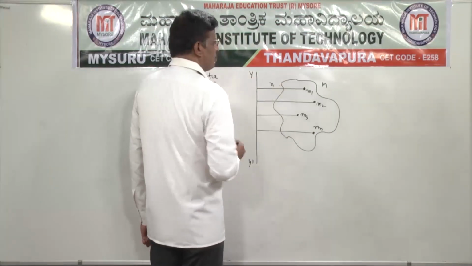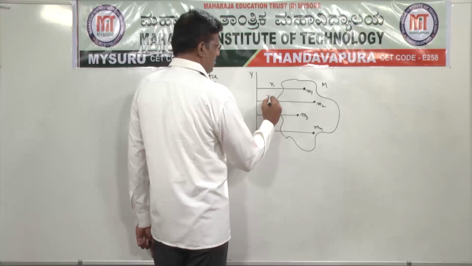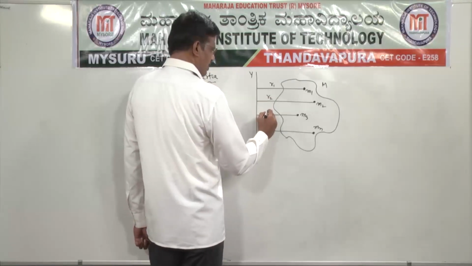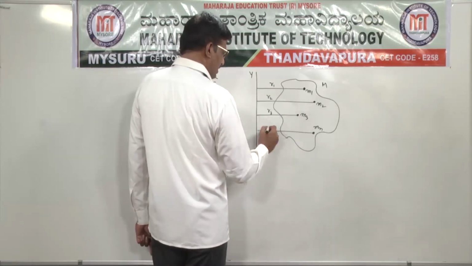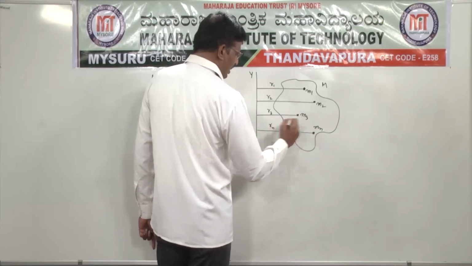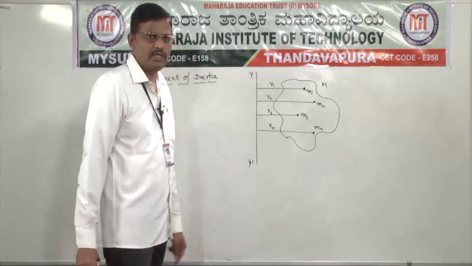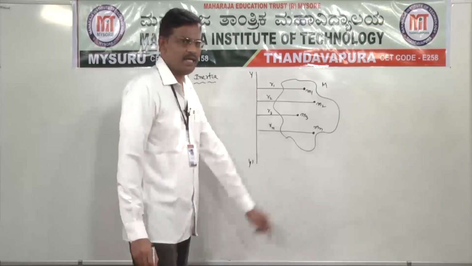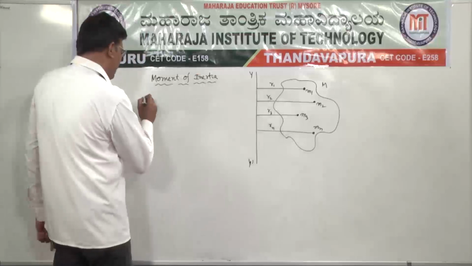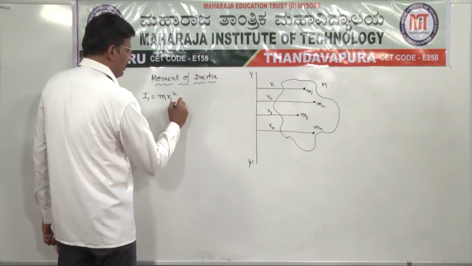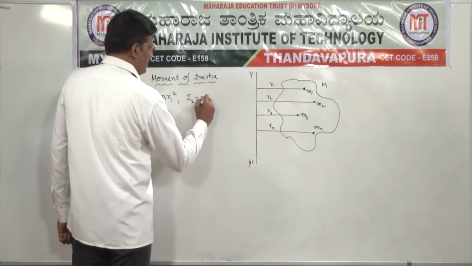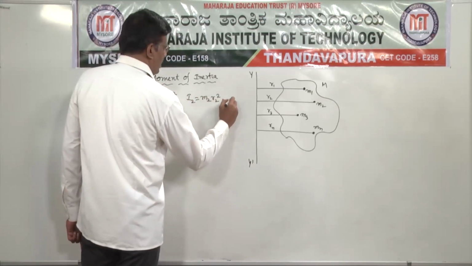Let us also assume that the first particle is at a distance r1 from the axis of rotation, m2 is at a distance r2, m3 is at a distance r3, and rn is the distance of the nth particle mn from the axis of rotation. According to the definition, the moment of inertia of the first particle is m1 r1 square, for the second particle is m2 r2 square, and so on.